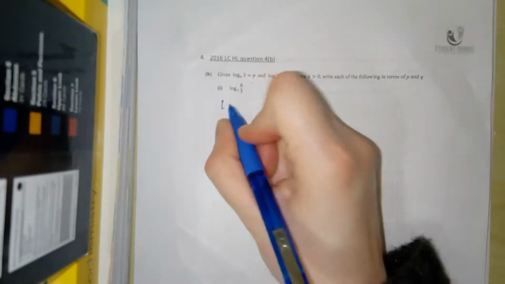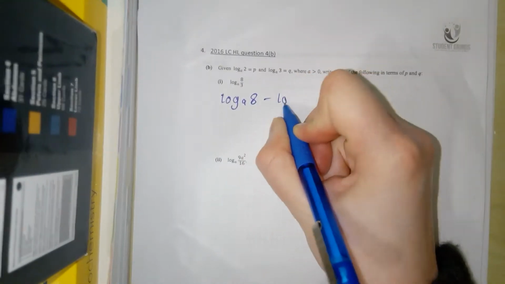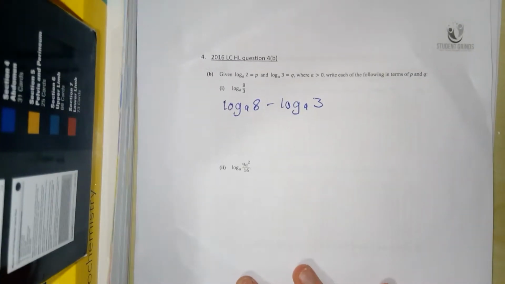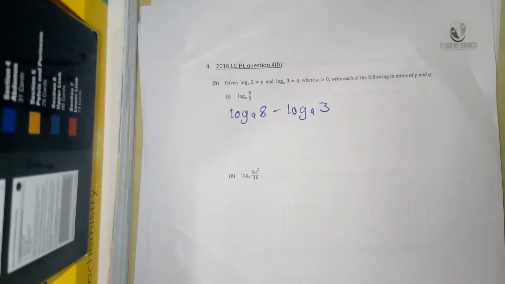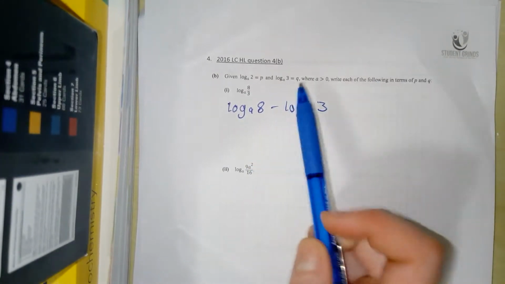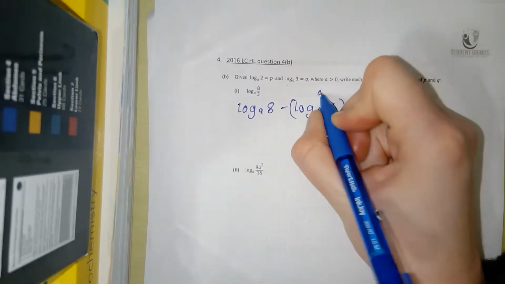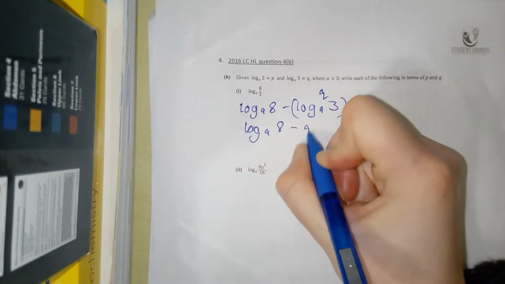So we can write this as log a 8 minus log a 3. We want to write this in terms of p and q. Log a 3 is q, so it's log a 8 minus q.